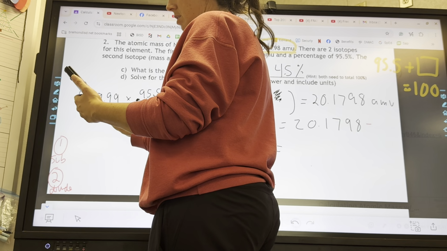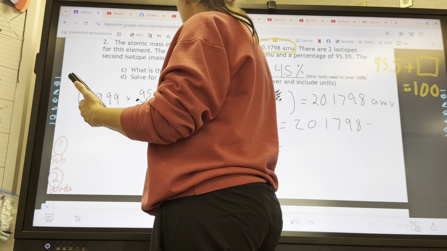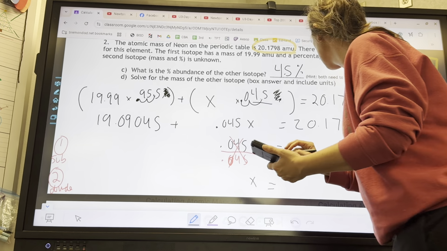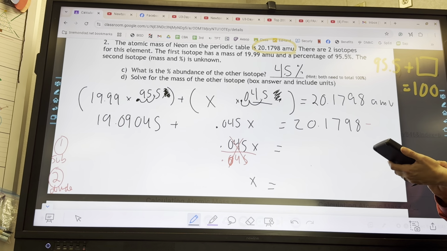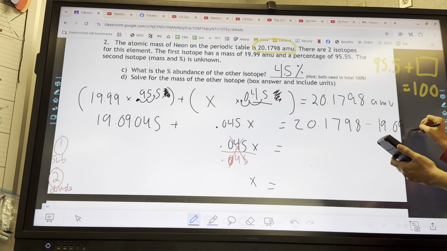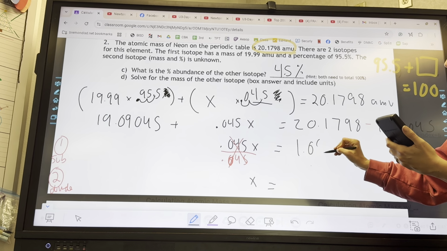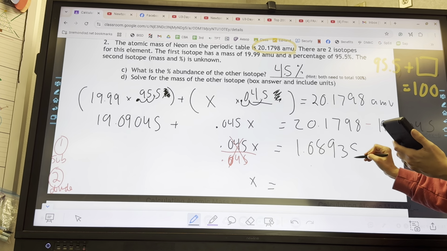That is 19.09045. So then when we do 20.1798 minus 19.09045, this actually gives us 1.08935.